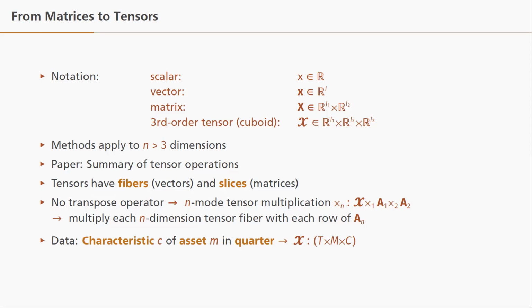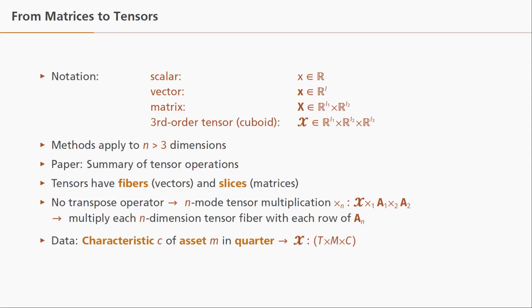We would multiply the first dimension by the matrix A1, and then the second dimension by the matrix A2. They have to have conforming dimensions. The way this tensor multiplication works is that you multiply each n-dimensional fiber or vector by each row of the matrix. I will show you a picture in a few slides. So that's the only tensor operation that I need for this talk.